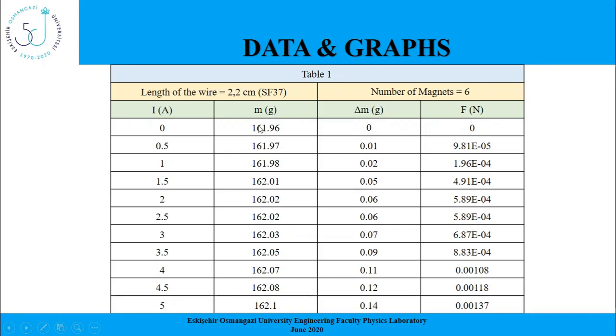As you can see, when we increase the current values, the mass is also getting increased due to magnetic force.